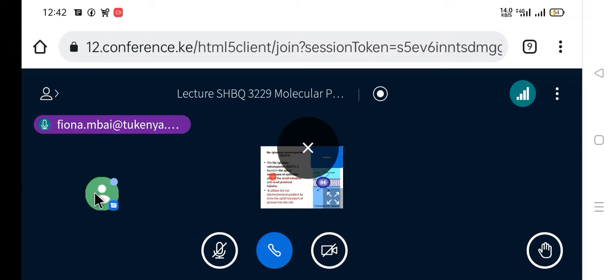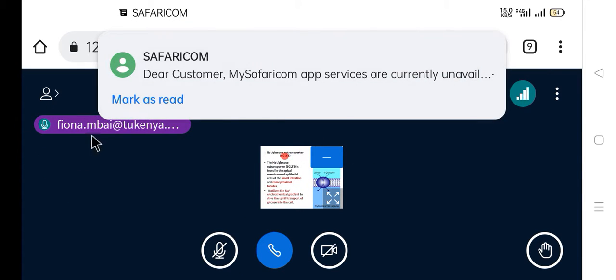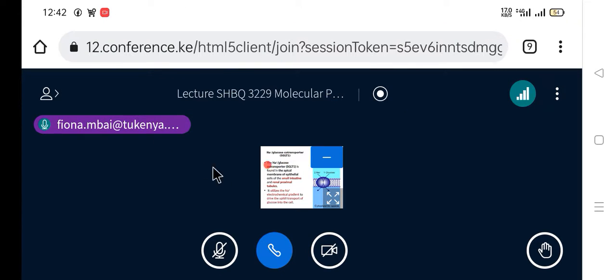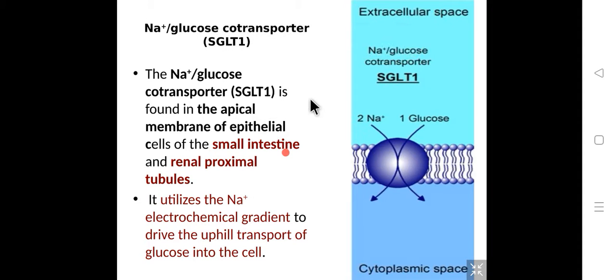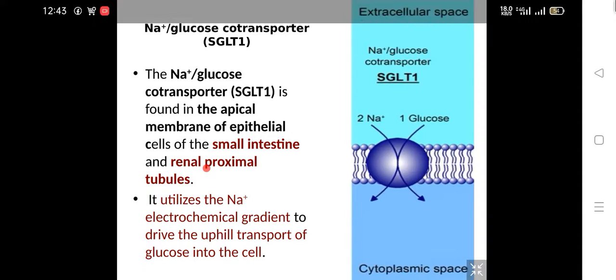I got chucked out. So let's look at the sodium-glucose transporter, SGLT1. The sodium-glucose transporter is found in the apical membrane of epithelial cells of the small intestines and the renal proximal tubules. Remember, I gave you an assignment which is due in a week. But that was about something else.